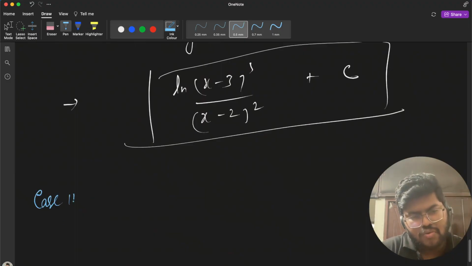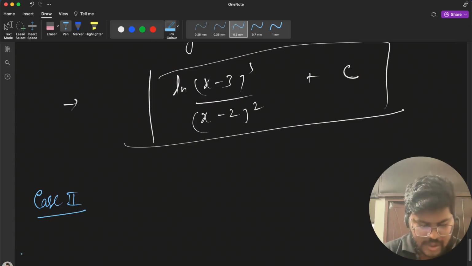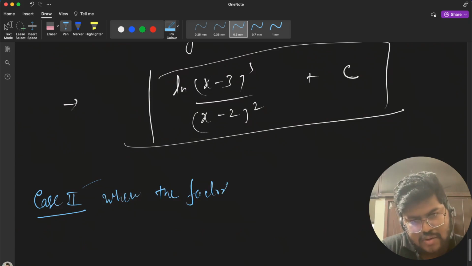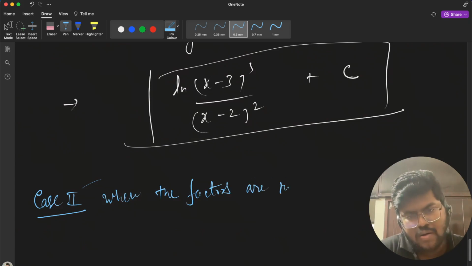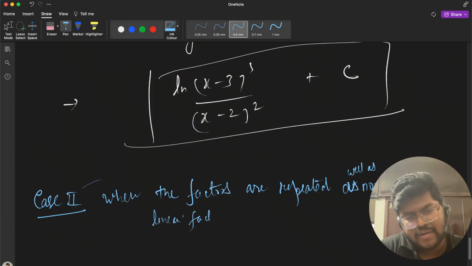Case 2: when the factors are repeated as well as non-repeated, and in the form of linear factors.